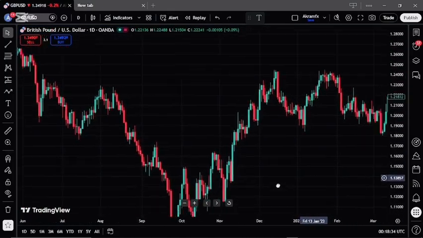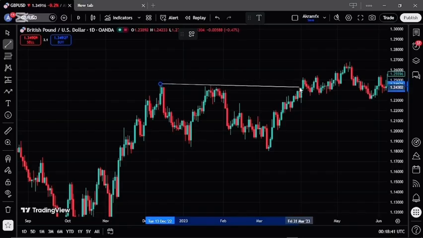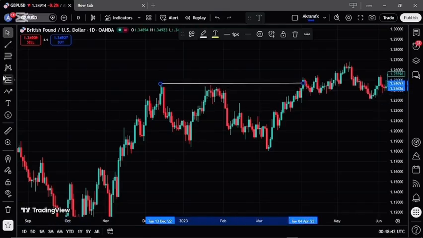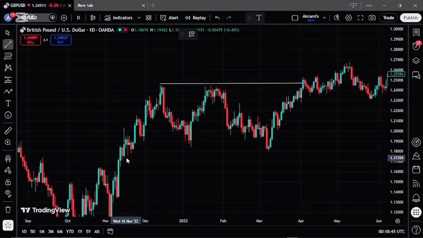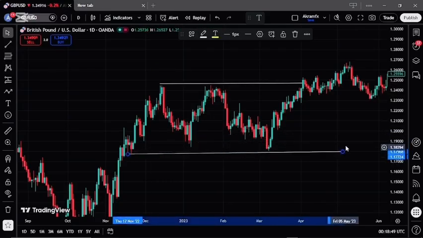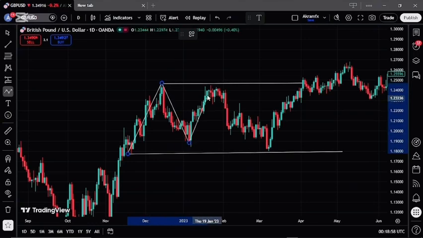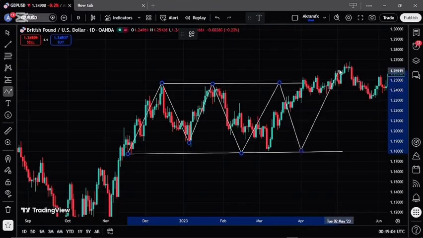We see that prices took time, prices ranged from there and here. Prices were ranging. All this from here, we never had to trade, not until prices break.